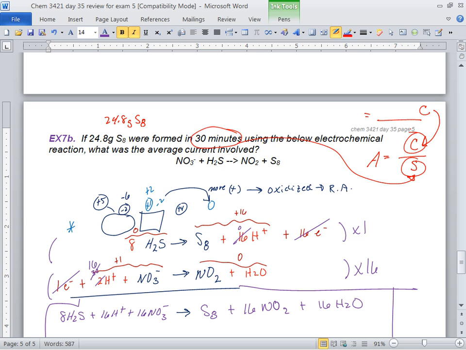Yeah, so I would do molar mass first, and then the mole bridge: mole of S8 for 16 moles of electrons. Then Faraday's constant. Mole of electrons is 96,485 coulombs, and you'll have it.